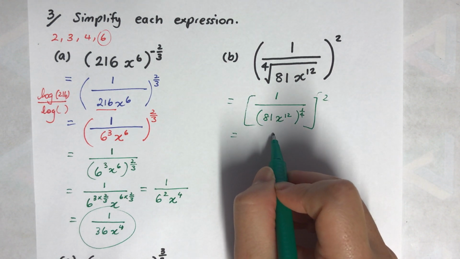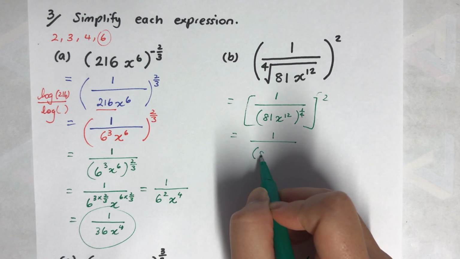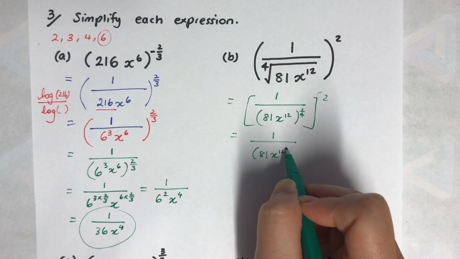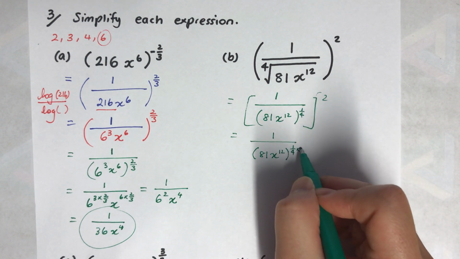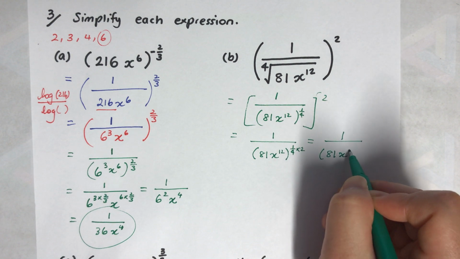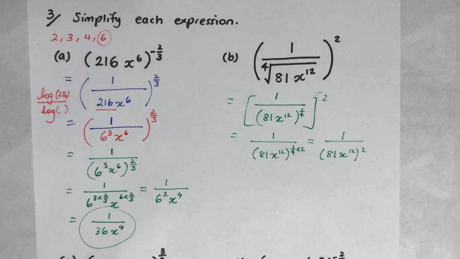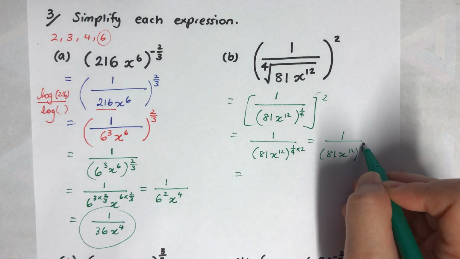All right, and then I will deal with power. So 2 shares here and shares here times 2. So what do I get? I will get 81 squared. Okay, and I know you were thinking, oh sorry, half.